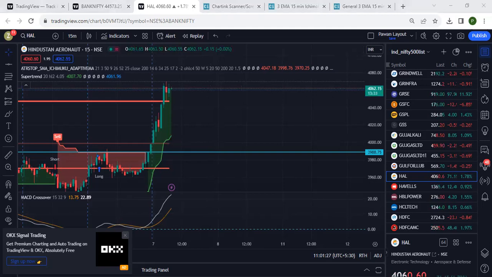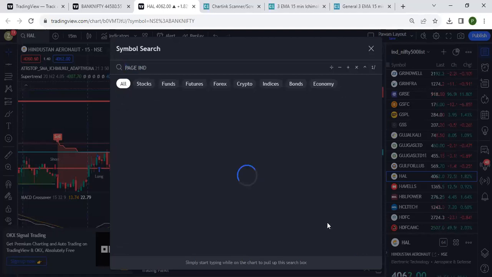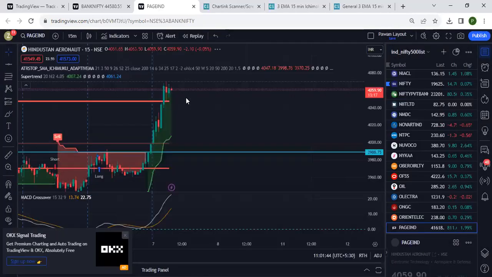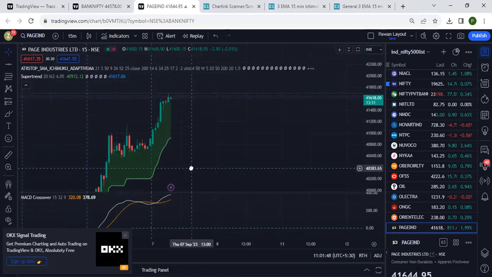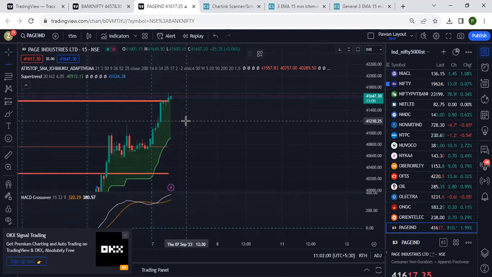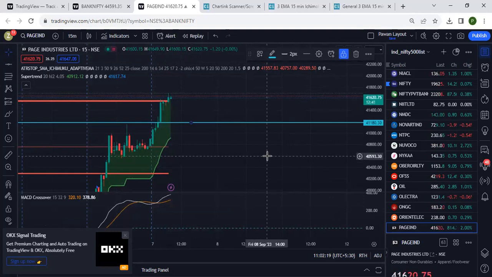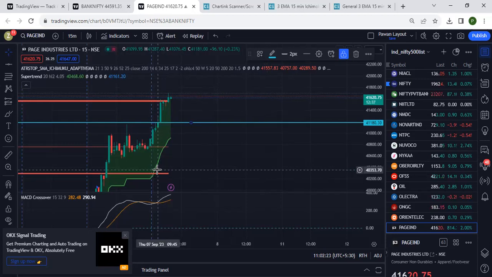Now, Page Industries has entered into the bullish zone, and its entry price is around 41,180.